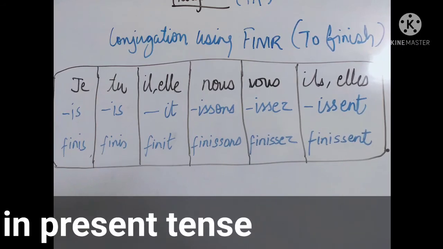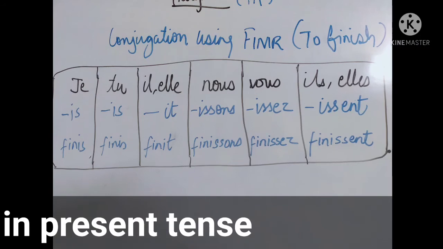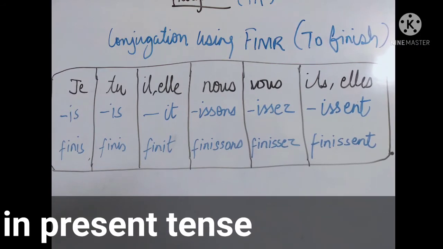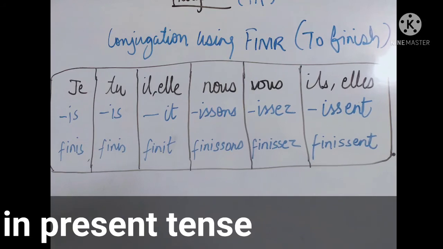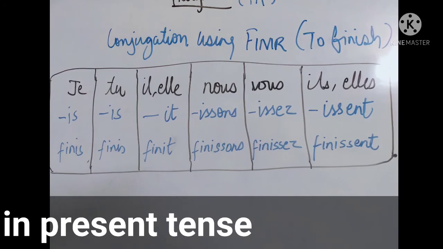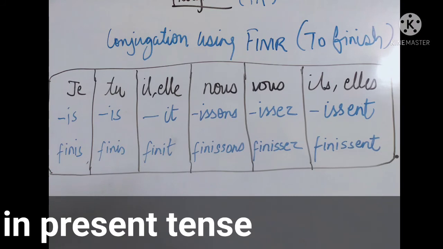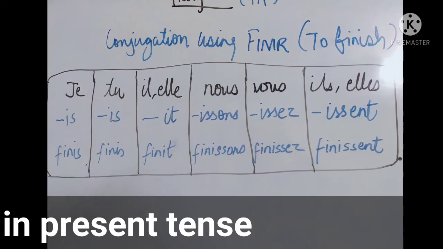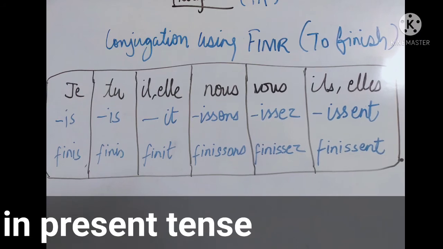For je we have IS, for tu IS, for il and elle singular IT, for nous ISSONS, for vous ISSEZ, and for ils, elles plural ISSENT.